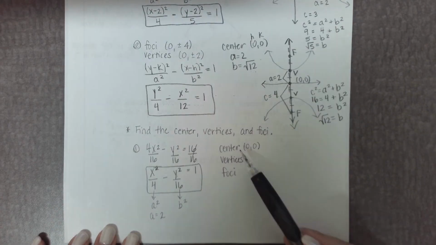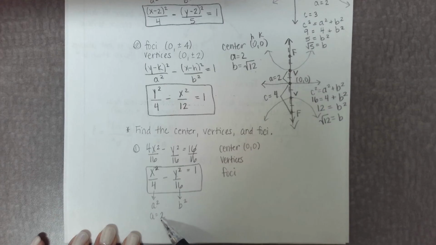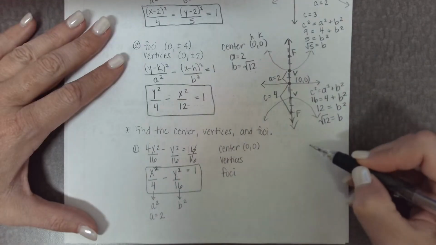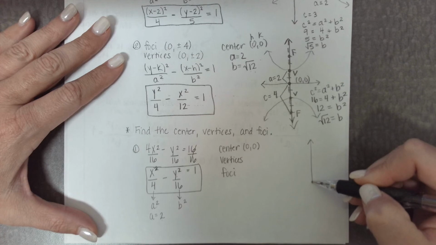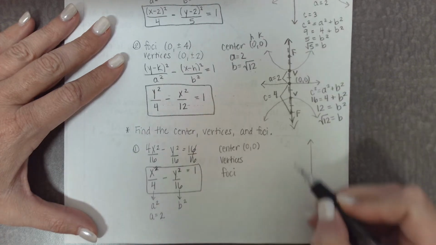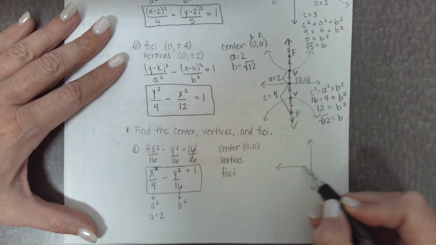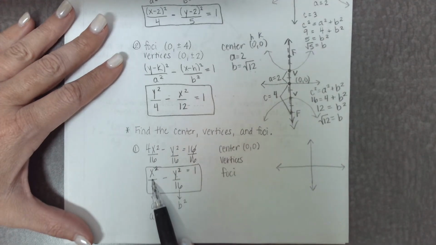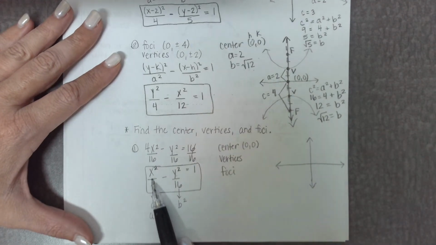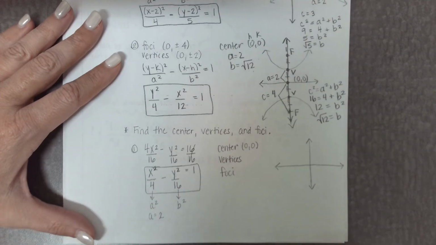So the distance from your center to your vertex is going to be 2. The question is, in which direction do we need to move? Do we need to move up and down, or do we need to move left and right? And so you know that by the way your equation's set up. Because the x is first in this equation, that means we have a horizontal transverse axis. So we're going to move horizontally.